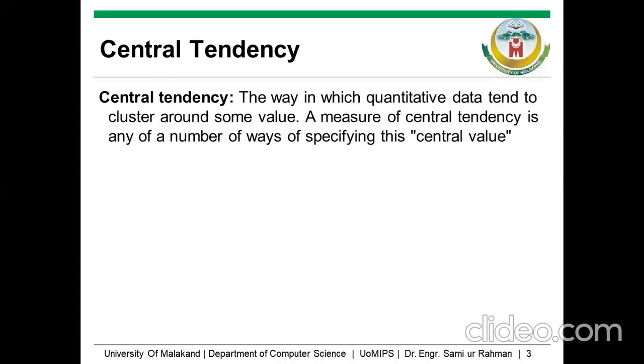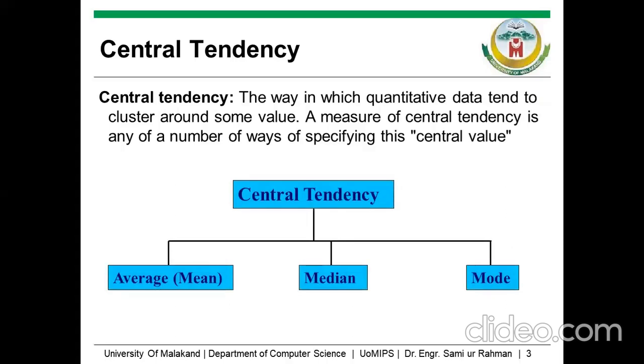Okay, so we have already discussed central tendency in our last lecture, so I will go through it quickly. Central tendency is the way in which quantitative data tend to cluster around some value. A measure of central tendency is any of a number of ways of specifying this central tendency.